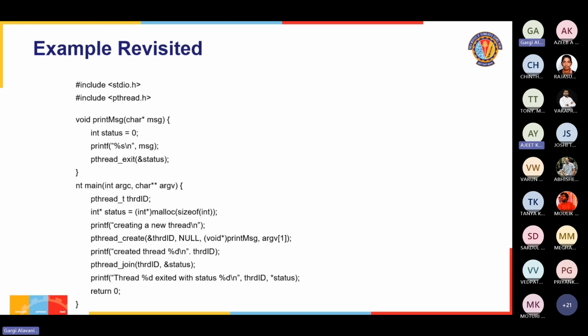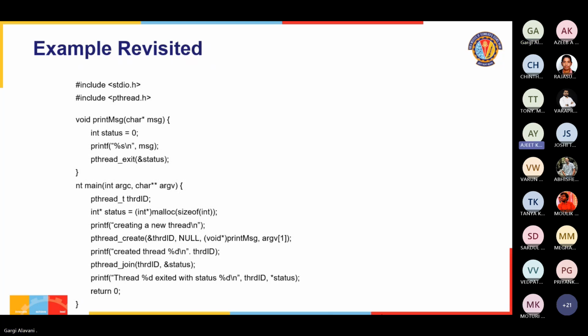Can you repeat the difference one more time? Yes. Pthread exit is a function which is used to terminate the calling thread. What it will do is allow the thread to return a value to other threads after exiting. Whereas pthread join is a function which waits for thread termination. It waits for the specified thread to terminate.